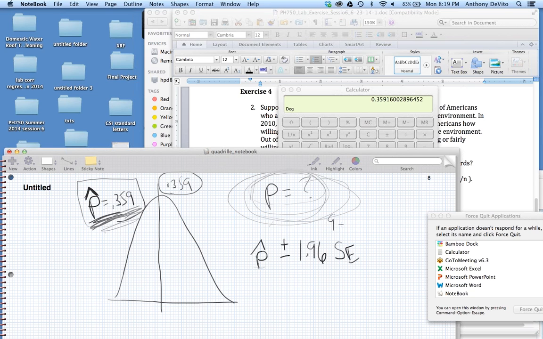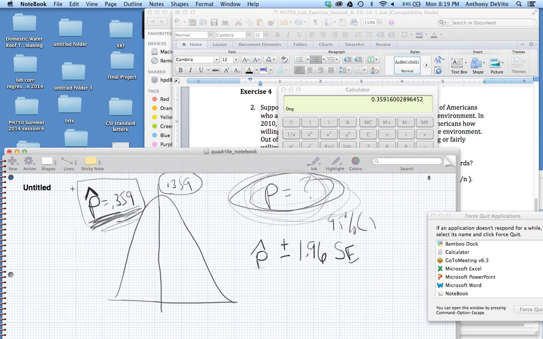That'll give me a 95% confidence interval for the true value of P for the entire population, which might be, I don't know, a million people or something like that, right? That'll help me understand how precisely I really know it based on this sample.